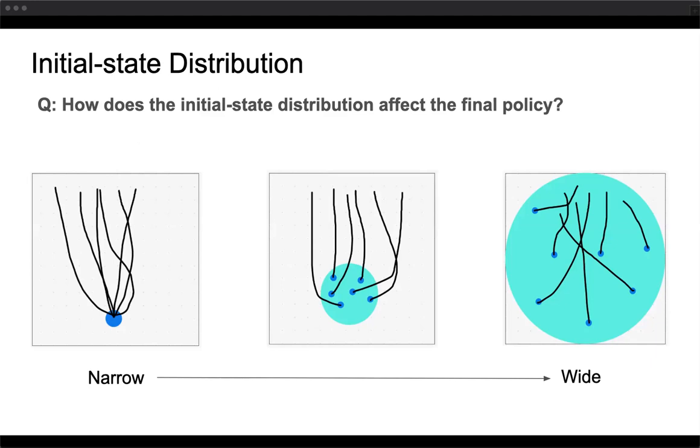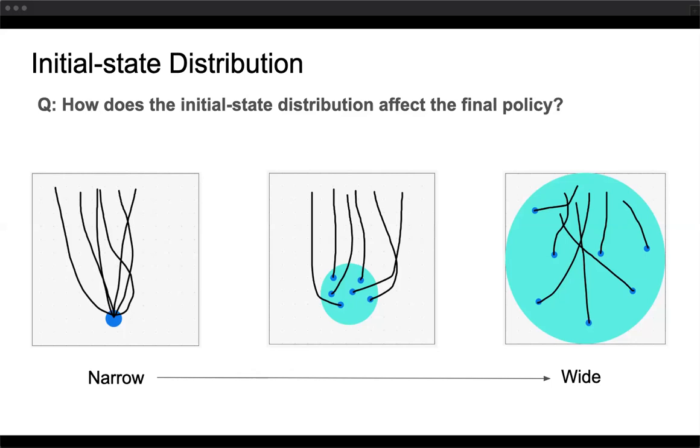By default, this initial state distribution is very narrow, almost deterministic, like in the plot on the left, in which the square represents the state space and all of the trajectories start from more or less the same state.